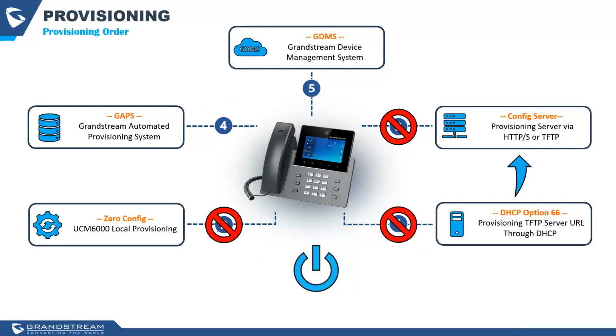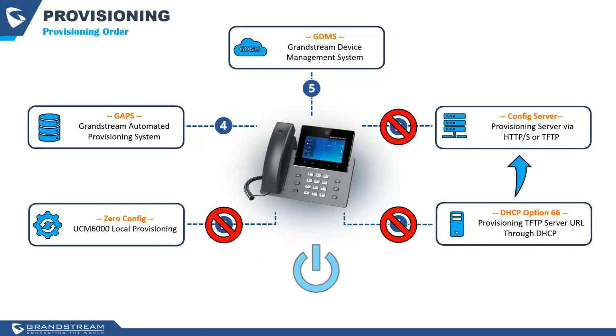For instance, when using GDMS and zero config and both have different values for the same setting, the last provisioning will override the previous one. For example, we can use time zone. Let's assume that GDMS has Pacific time zone configured and zero config has Eastern time zone.